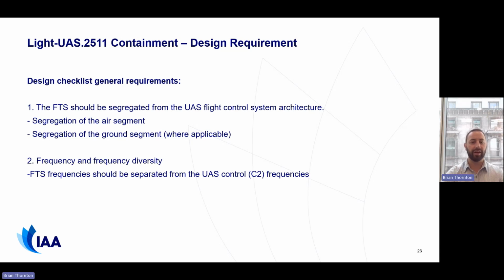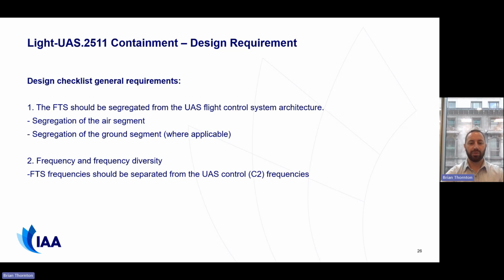The FTS should be segregated from the UAS flight control system architecture. I briefly alluded to that. There's a segregation of the air segment, so that could be your C2 link. Segregation of the ground segment, so the physical triggering of the flight termination system is separate from the control system of your UA. Frequency and frequency diversity also need to be considered.